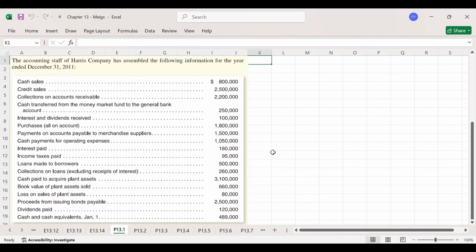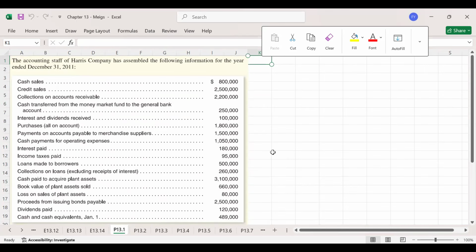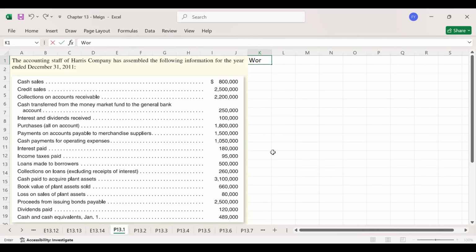So working one is related with cash receipts from customers. We will calculate this missing information first so that we can directly prepare our cash flow statement without deviation from the main cash flow statement to the working.